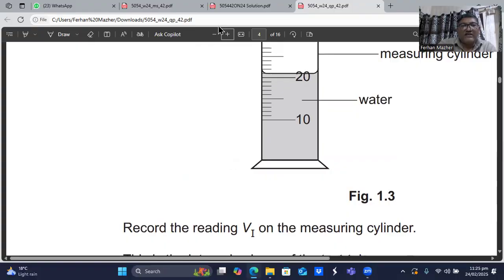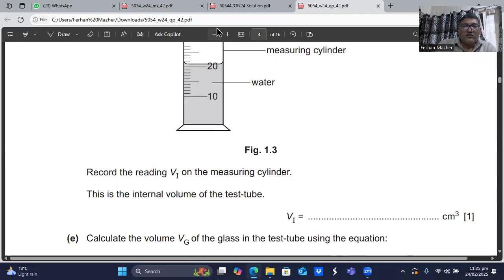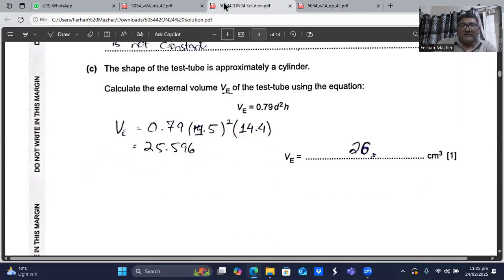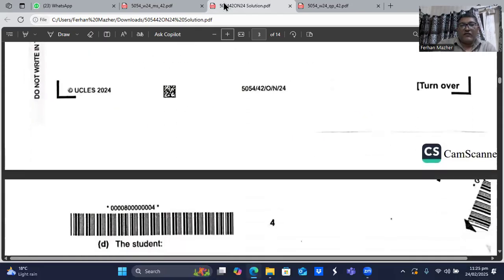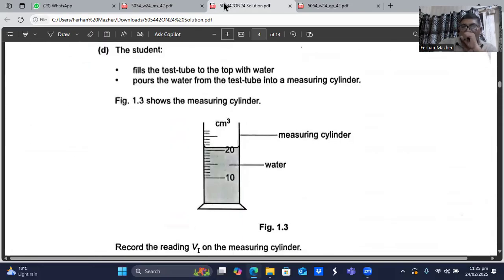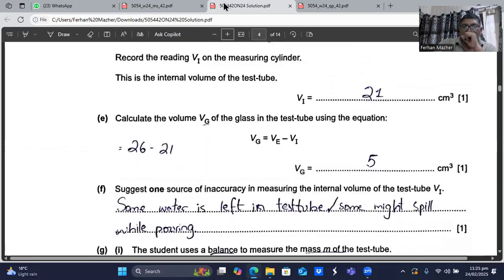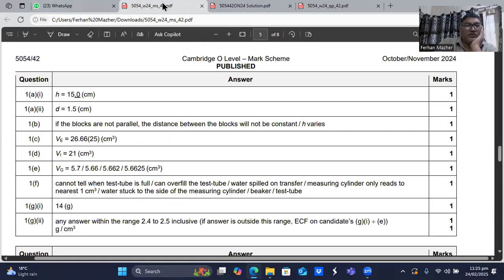So the reading is basically 21. Okay. So I will write here 21 centimeter cube. Yes.